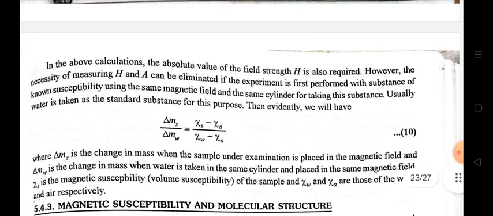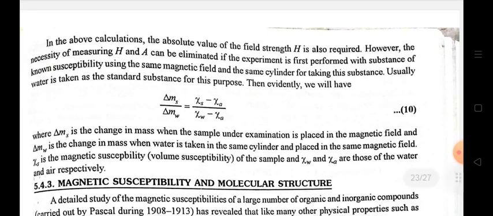In the above calculation, the absolute value of the field strength H is also required. However, the necessity of measuring H and A can be eliminated if the experiment is first performed with a substance of known susceptibility using the same magnetic field and the same cylinder for taking this substance. Usually water is taken as a standard substance for this purpose.